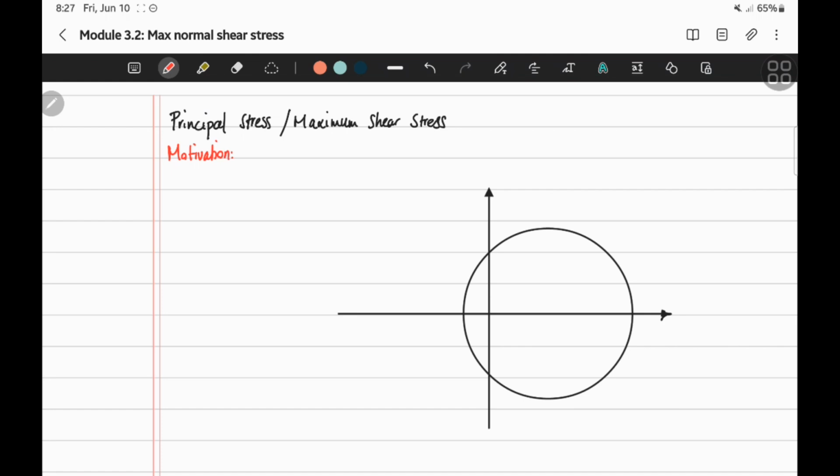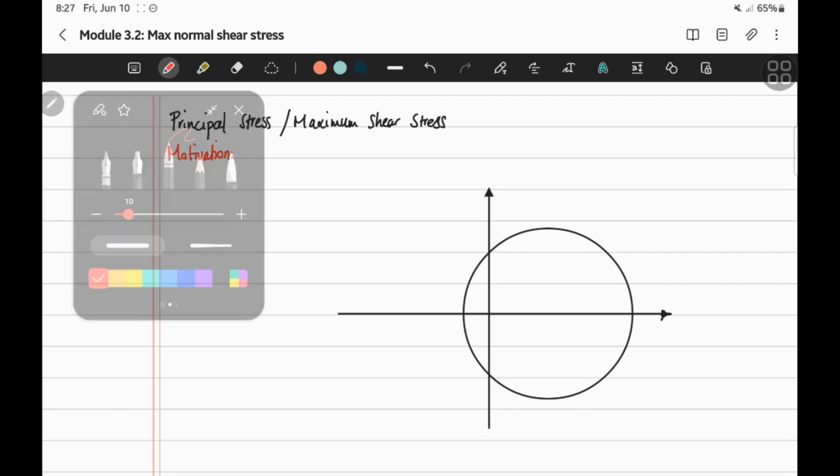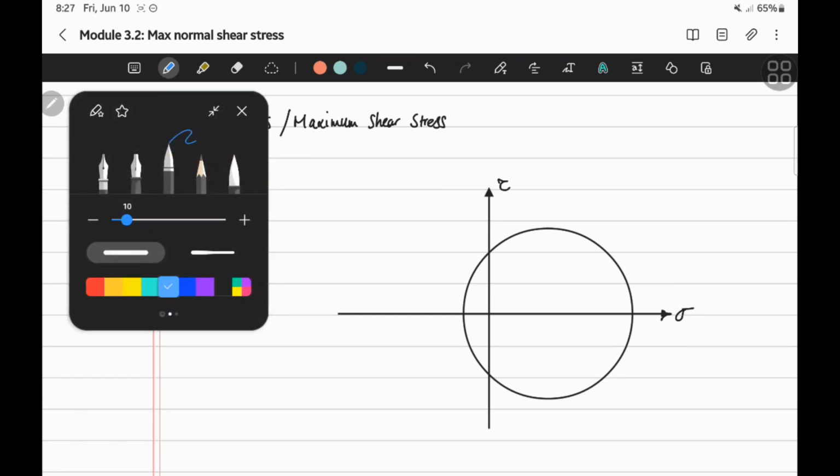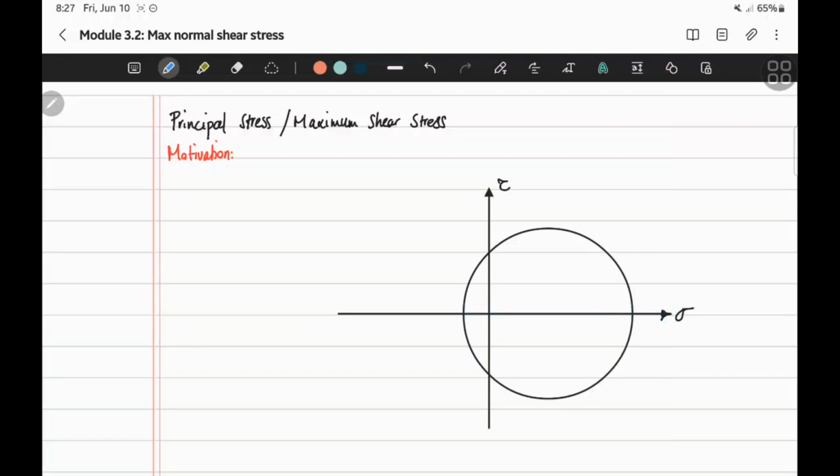From your strength of materials or mechanical materials course, you basically remember the Mohr circle. This is the schematic of a Mohr circle where we had normal stresses on the x-axis and shear stresses on the y-axis. And if you remember, this is a 2D Mohr circle.